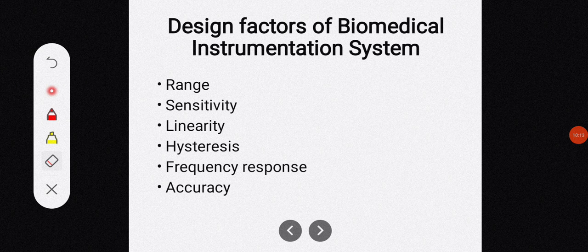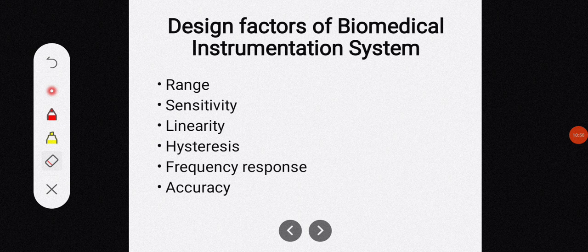And if that is not possible, it is better to have linearity at least in the important sub-range of the input physiological parameter measurement. Now, in some instruments, a certain form of non-linearity is purposely introduced to create a desired effect, whereas in others it is desirable to have linear scales as much as possible over the entire range of measurements.